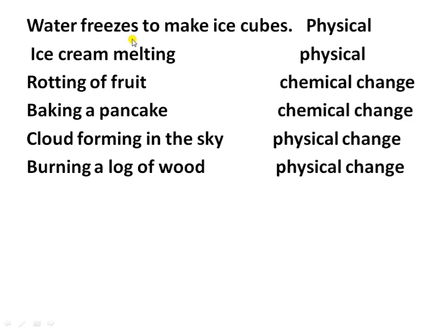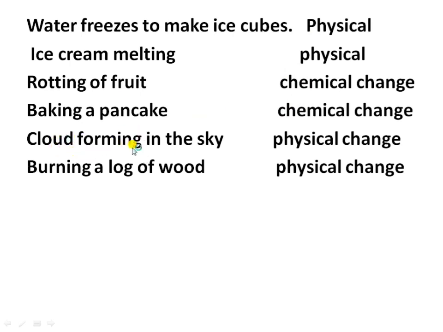Next, water freezing to make an ice cube is also a physical change. Then ice cream melting is a physical change, because here the state is being changed from solid into liquid. Rotting of fruits is a chemical change, because when fruit is rotten, we can't get the fresh fruit again.